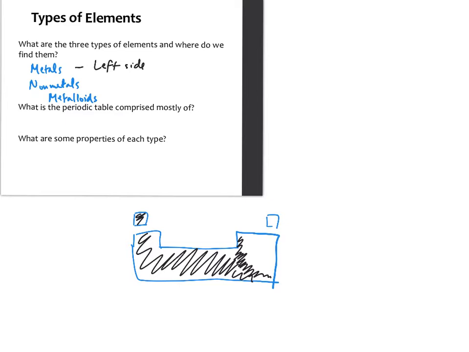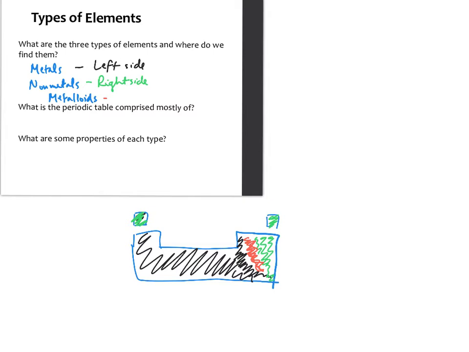Well, actually, this is a nonmetal, my mistake. Those are the nonmetals, all the way to the right side. Now the metalloids are like an in-between of both metals and nonmetals, so they're in this weird region right here.